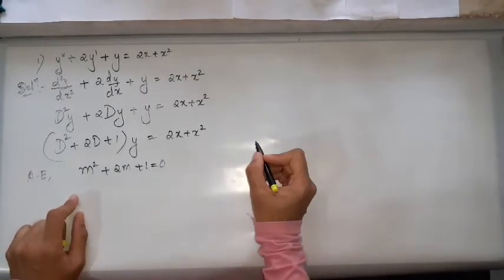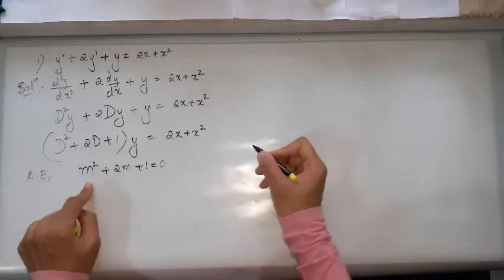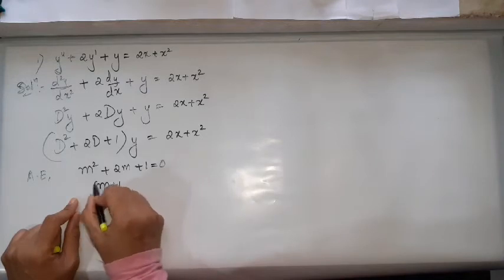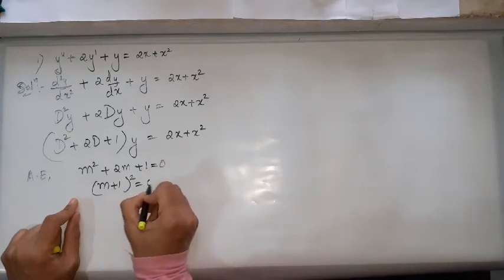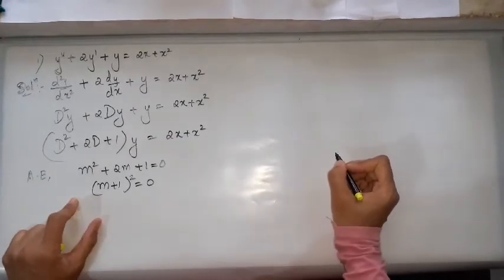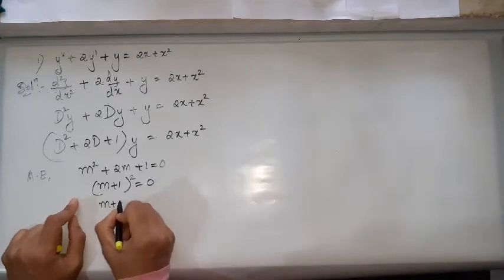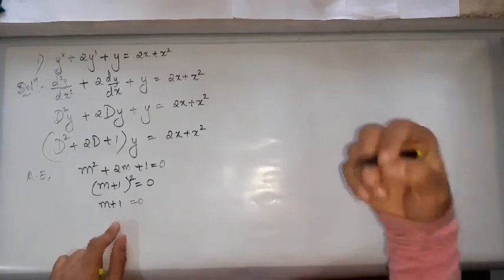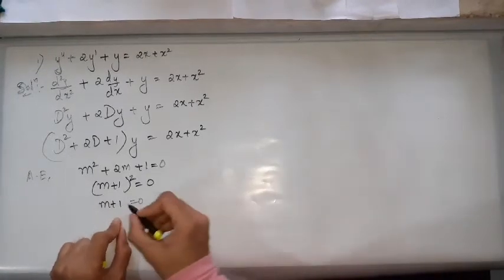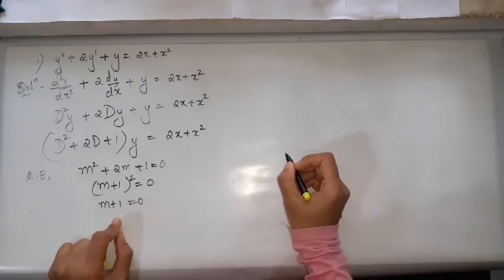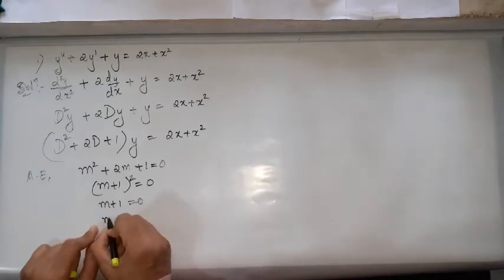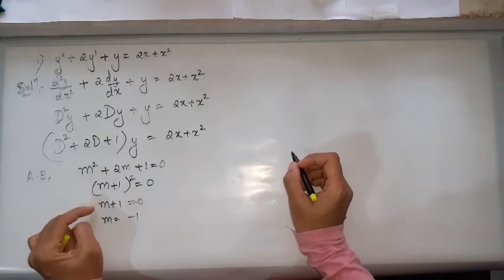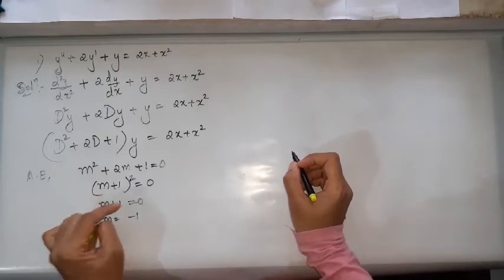Let's work out the roots of this equation. As you see, m square plus 2m plus 1 is nothing but (m plus 1) the whole square is equal to 0. So you can consider one bracket out of it and set m plus 1 to be 0. So m is equal to minus 1. But out of two brackets, you considered only one; the other bracket also says m plus 1 is equal to 0.